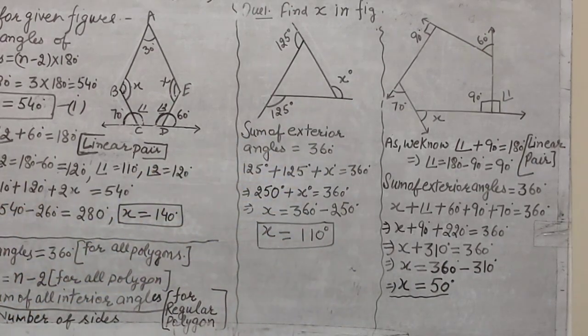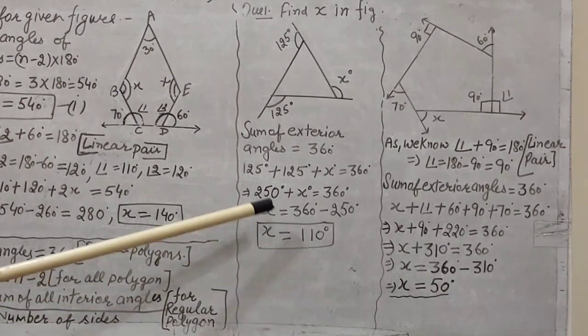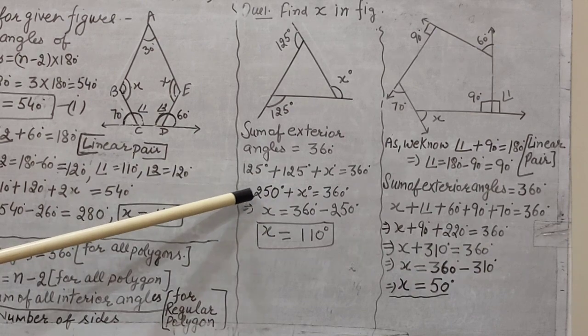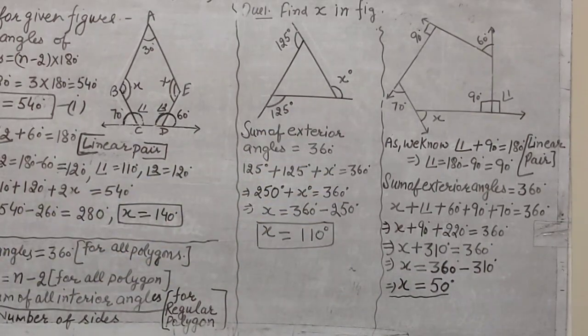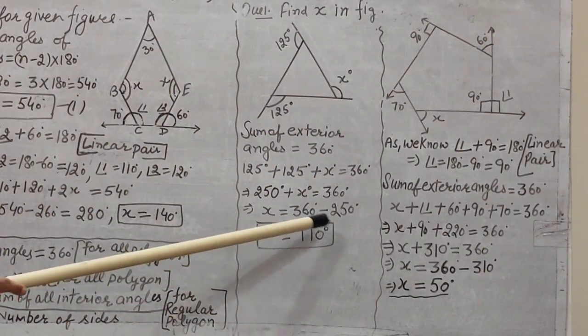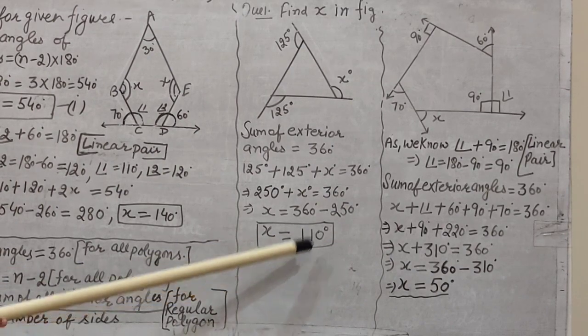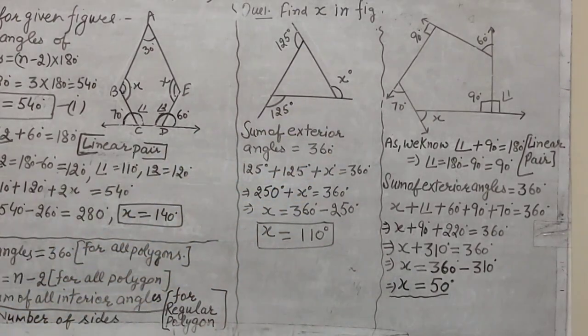If given in degrees, you can write. Now, the value of x we can find out by transposing 250 towards the right hand side. So 360 minus 250, we get 110. So the exterior angle of this triangle is 110 degrees.